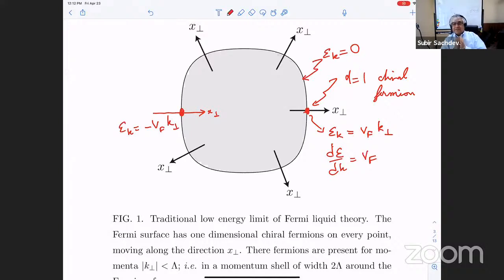So at this point, you'd be very tempted to say, oh, well, once you have 1D fermions, I can use all kinds of fancy tricks that I learned in 1D, like bosonization, that we didn't talk about in this course. You can try to bosonize the theory of this Fermi surface and apply a lot of lessons from 1D. But these are essentially free chiral fermions at every point on the Fermi surface.